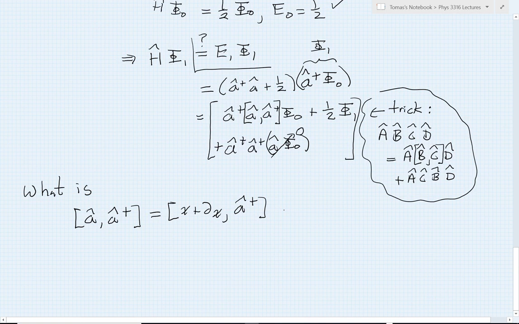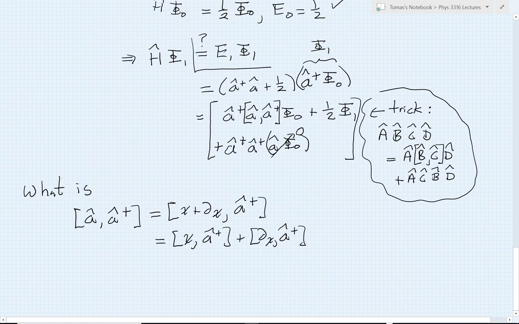So there are two types of terms. There's the type of term which has just the x, and that x will appear on both the left and the right of the a hat dagger. And then added to that, I'm going to have the d by dx, which also will apply on the left and the right of the a hat dagger. So this will take on then the value of x commutated with a hat dagger plus d by dx commutated with a hat dagger.